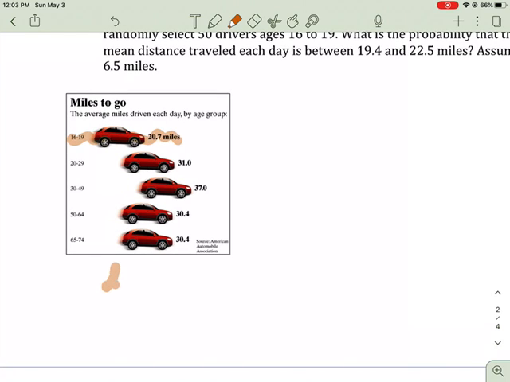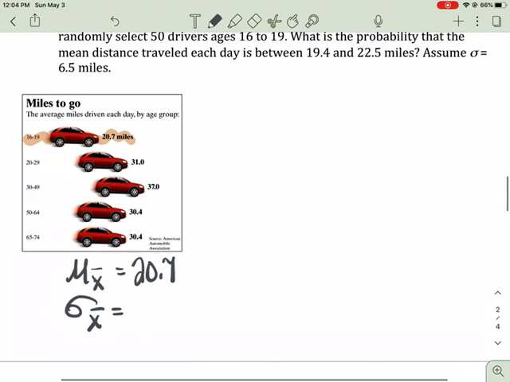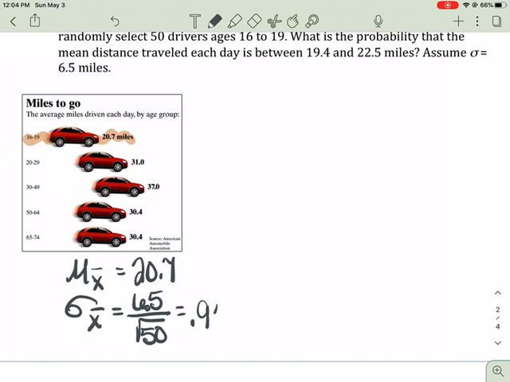All right, so what information do we have here? We have that the mean of our sampling distribution is 20.7 miles. Our sigma x bar, we have to figure that out, is 6.5 divided by the square root of 50, which is 0.92.